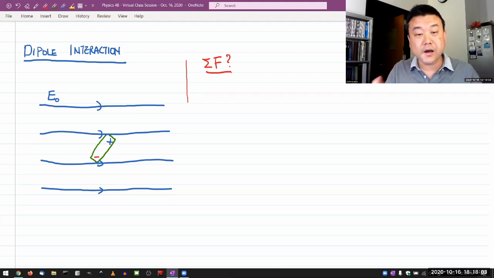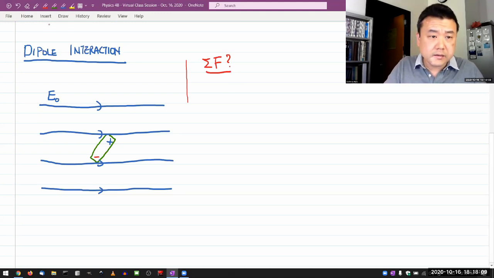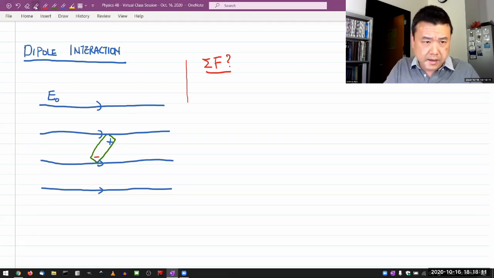I have a mechanical object. So the natural question to ask is, what is the net force? And when you consider that, I think you will quickly see that net force becomes not as interesting with the dipole. So imagine I have a charge of plus Q here, and I have a charge of minus Q here.